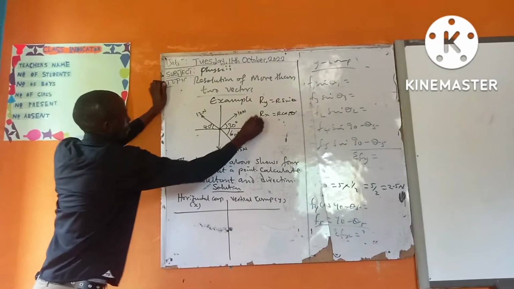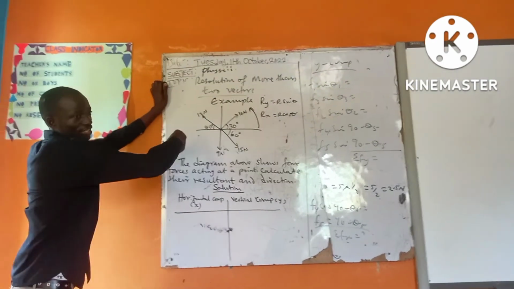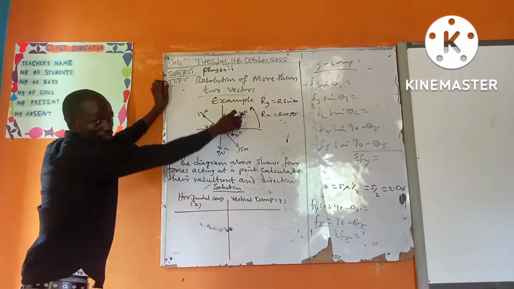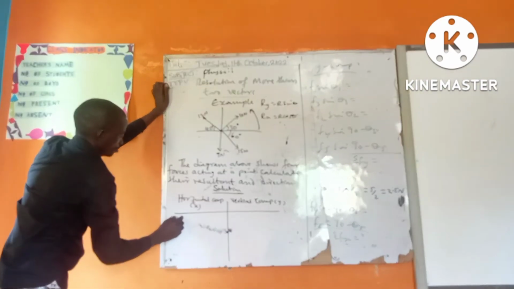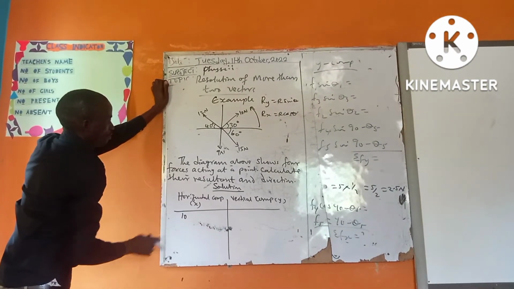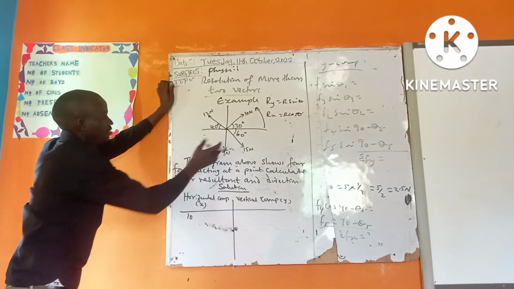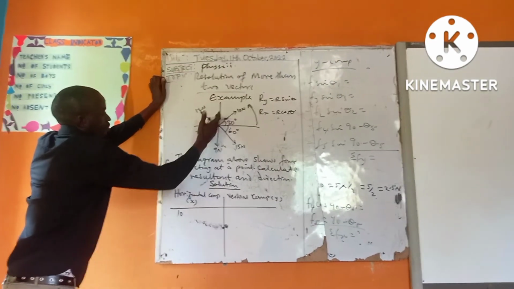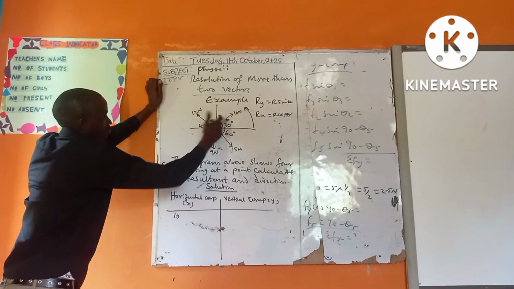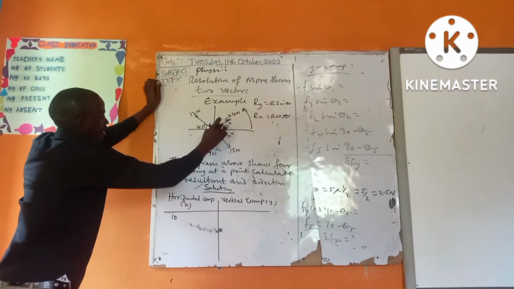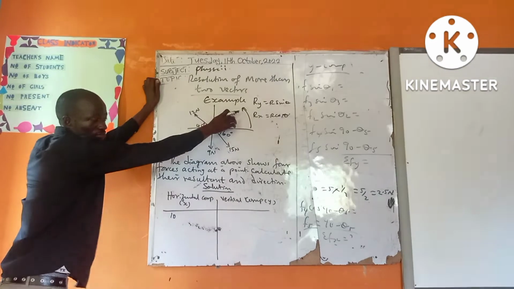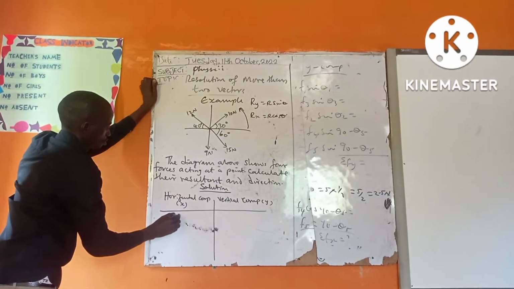So starting this way, clockwise direction. This is the first force, 10. So we have 10 while resolving with respect to horizontal components. So we are starting this way. Of course, you know that from this point to this way is positive. So that is to say this force is positive. So we have 10 cos.